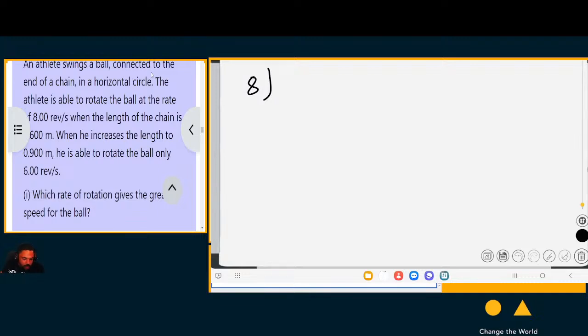So the number of revolutions per second is 8. We'll get to that in a moment.